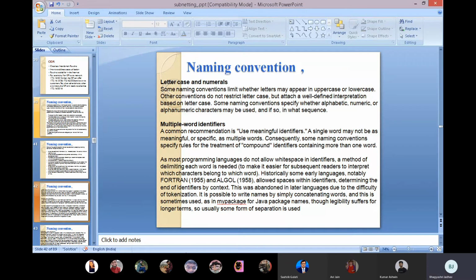This is sometimes used, as in mypackage for Java package names, though legibility suffers for longer terms. So usually some form of separation is used. This is a multiple word identifier.